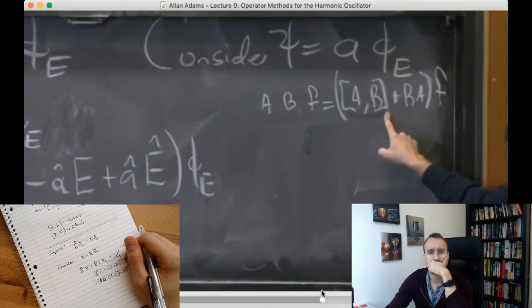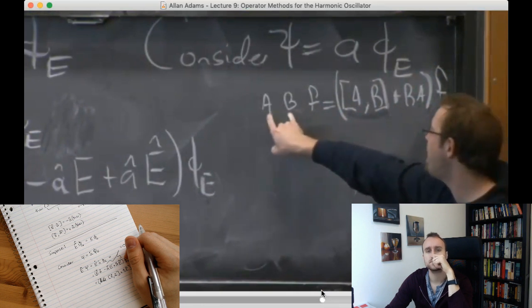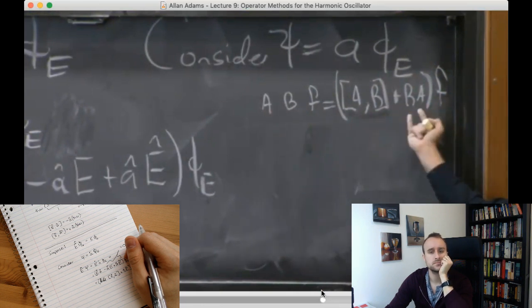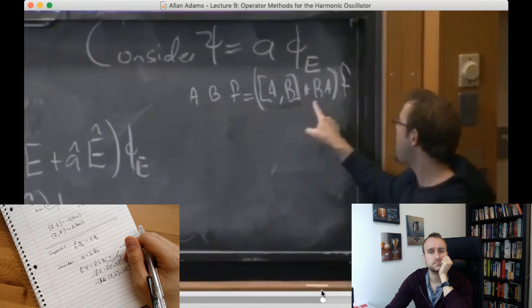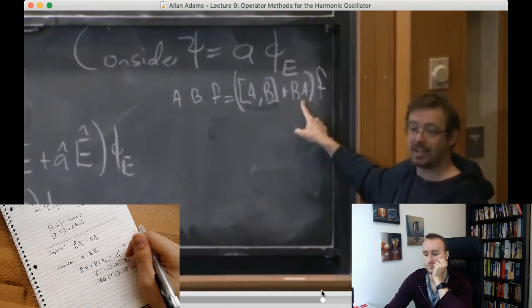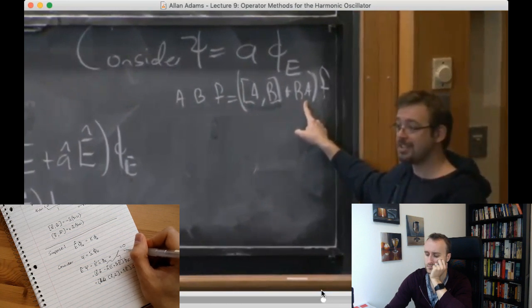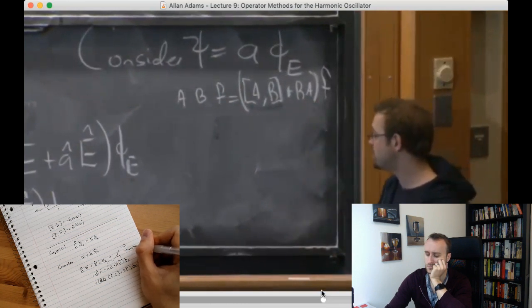When one takes AB and replaces it by the commutator of A with B plus BA, changing the order, the phrase one uses is, I have commuted A through B. Commuting operators through each other is an extraordinarily useful technique.